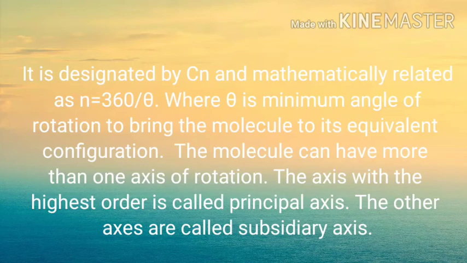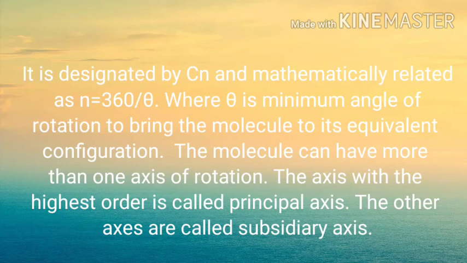Next, the axis with the higher order is called the principal axis, and the 3 in C3 is greater than the 2 in C2, hence C3 is called the principal axis, whereas the other 3 C2 axes are called subsidiary axes.